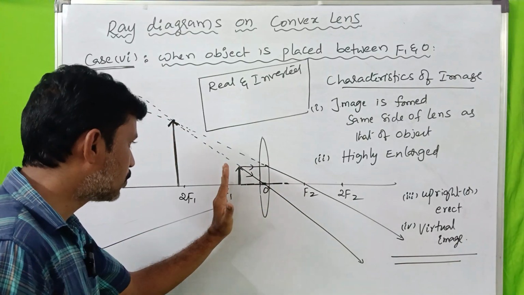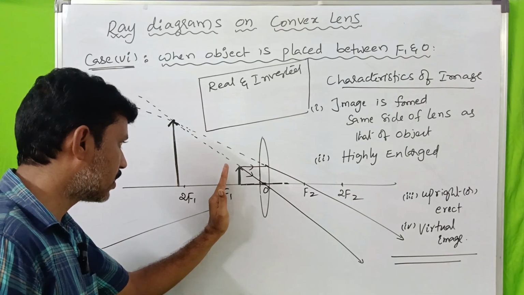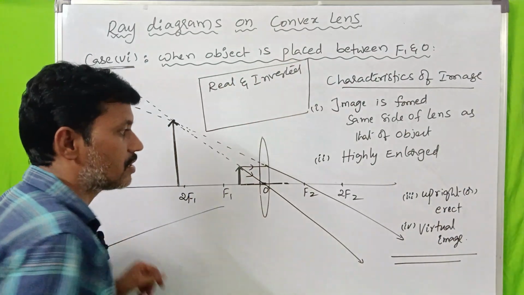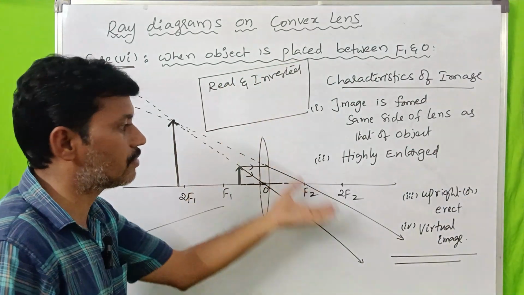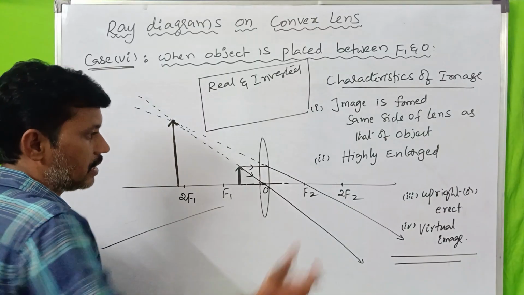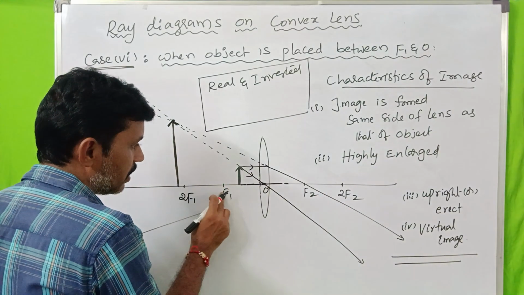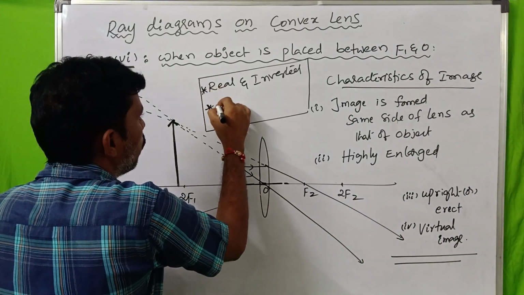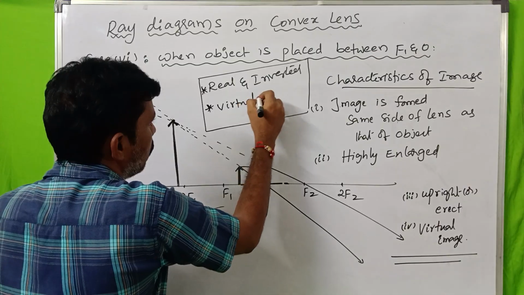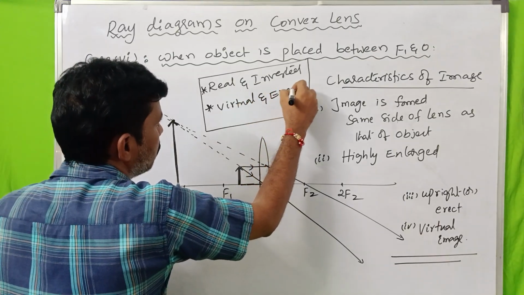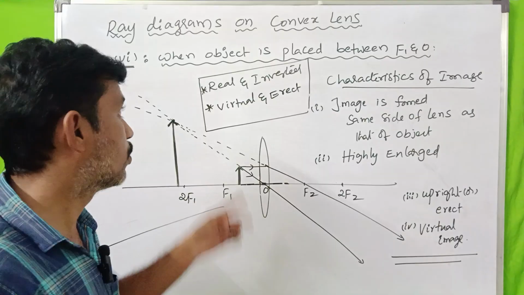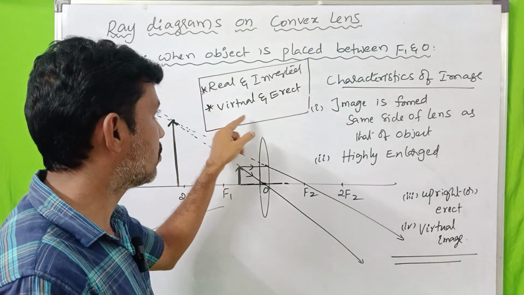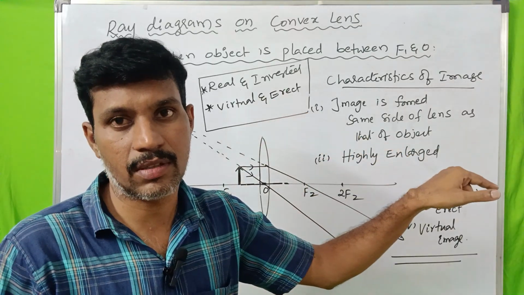That means up to F, up to focus point, whatever may be the position of the object, real and inverted images are formed. But in this case, when object position is between F1 and optical center, we get virtual and erect also. That means convex lens forms both real and inverted images. Convex lens forms both real and virtual images, inverted and erected images.